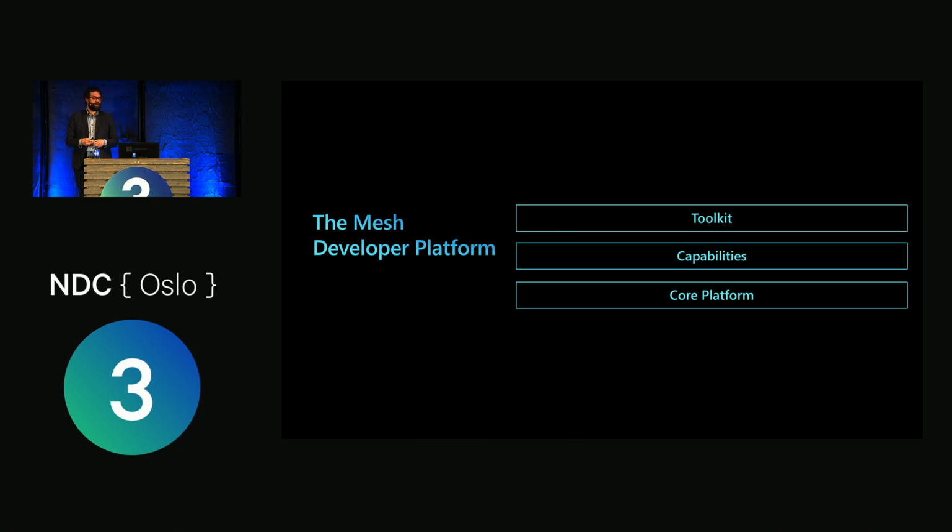The platform has three main parts. One is the core platform, which covers things that you need for mixed reality collaboration applications but that are not necessarily mixed reality specific. These are things you might need for any sort of application. Then they've got a series of capabilities that are mixed reality specific, like the four problems I talked about that you always have to solve. Those are focused on solving those problems. And then you've got a toolkit on top of that that allows you to interface with the capabilities in the core platform.